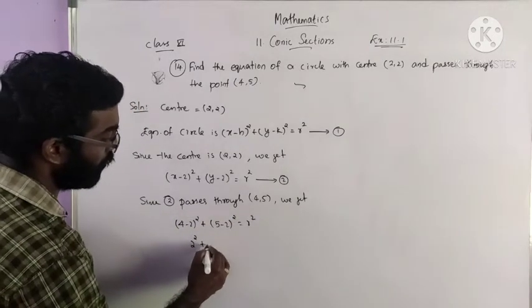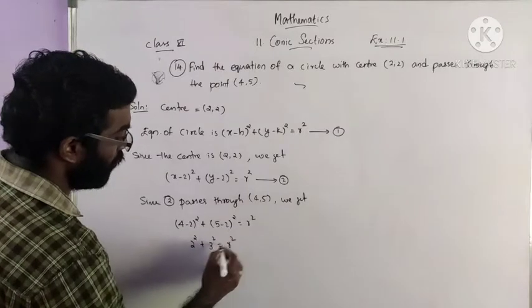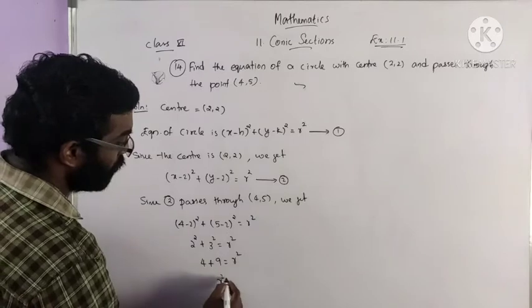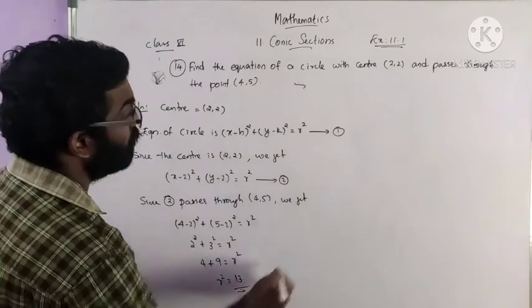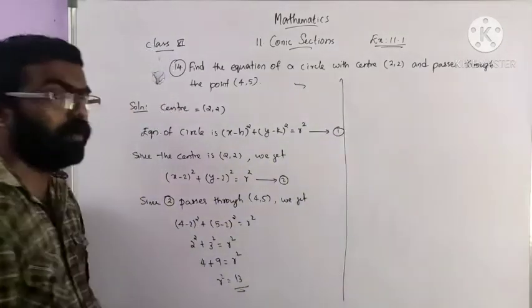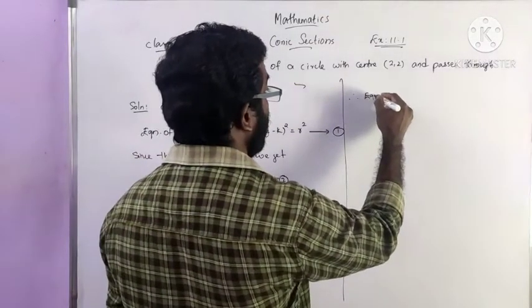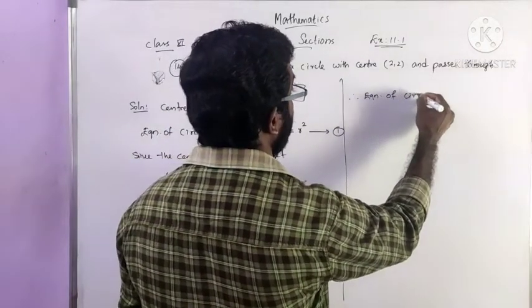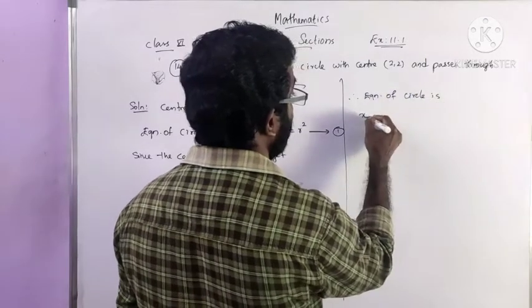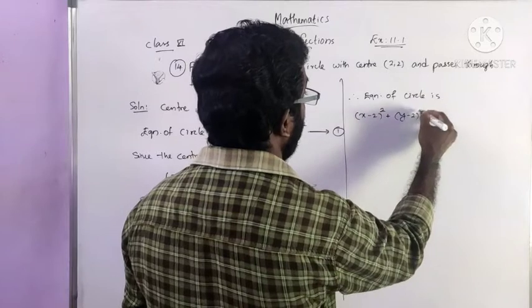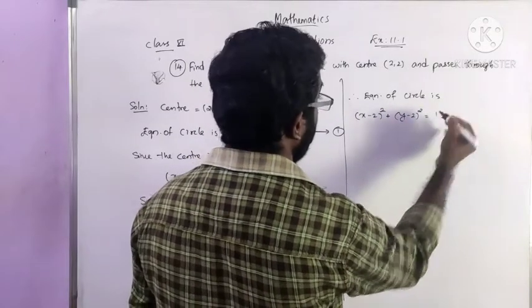That is 2 square plus 3 square is equal to r square. 4 plus 9 is equal to r square, or r square is equal to 13. Now we can write the required equation. Therefore, equation of circle is x minus 2 the whole square plus y minus 2 the whole square is equal to 13.